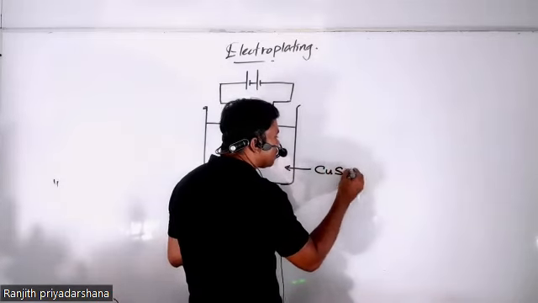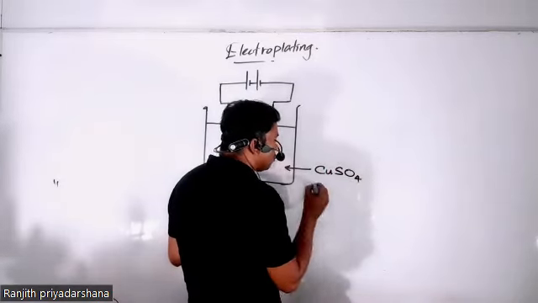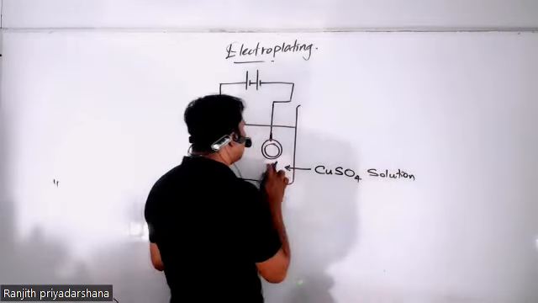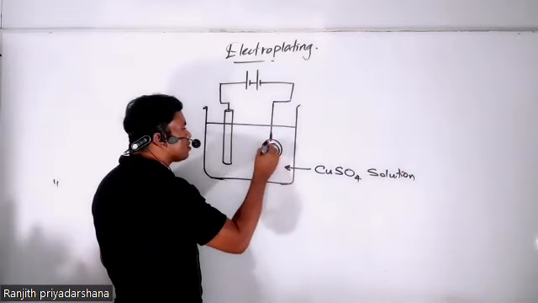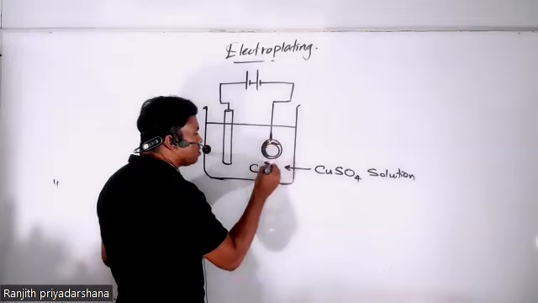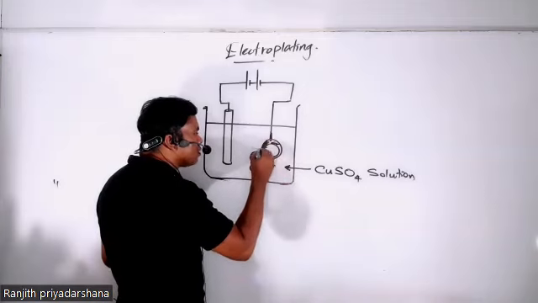Copper sulfate, CuSO4 solution. Now you know copper starts to deposit over this ring. Cu2 plus ions start to deposit over this.